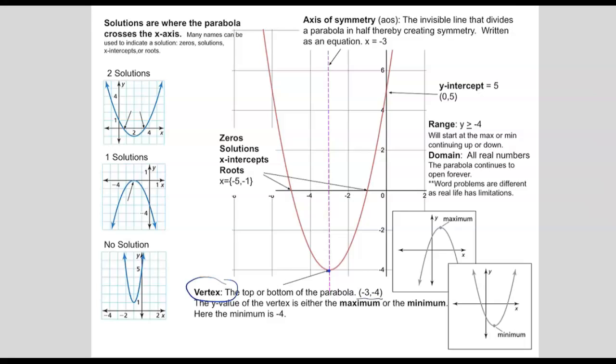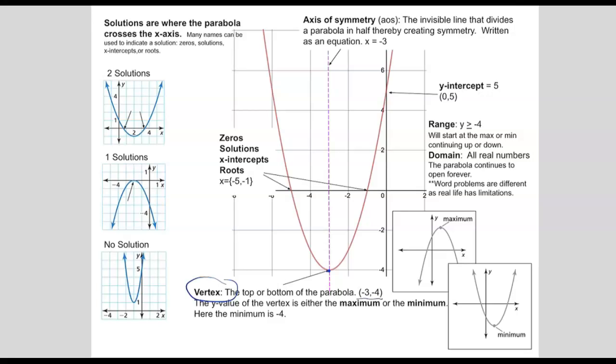So it's always going to be moving out, and it's always going to either be moving up or down. So the range is where does it start, and am I moving up or am I moving down? So greater than or less than. It's always equal to whatever the y value is of your vertex. So in this case, the range is y is greater than or equal to -4 because it's going up and it will go up forever.